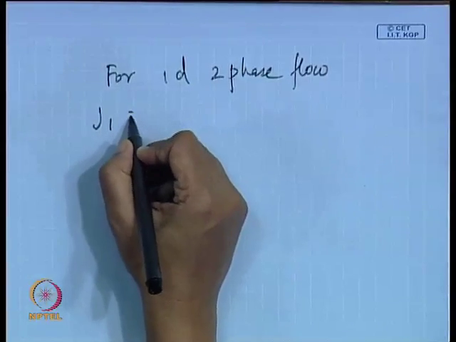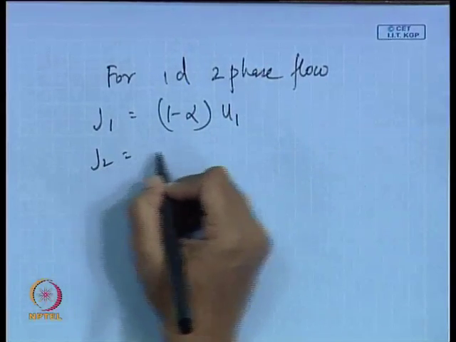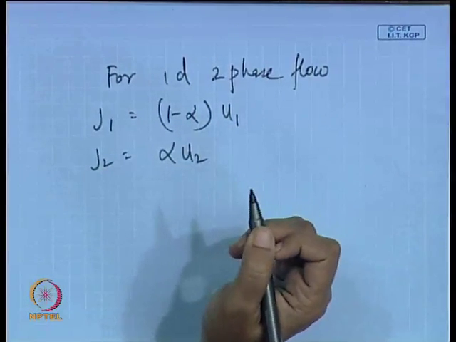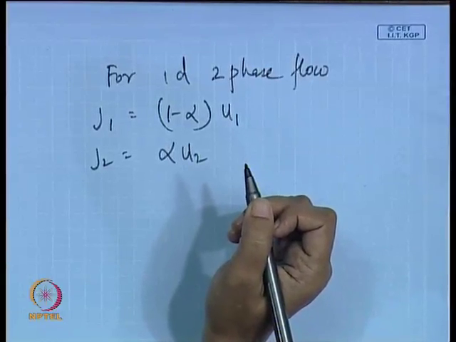In what way? J1 is equal to 1 minus alpha into u1 and J2 is equal to alpha into u2, isn't it? Agreed? Yes or no? Anybody who wants me to repeat this part?